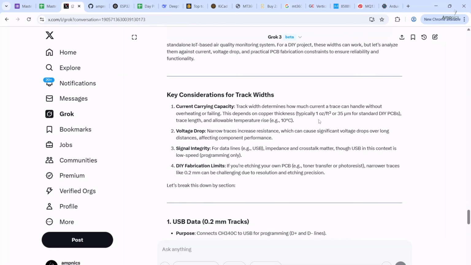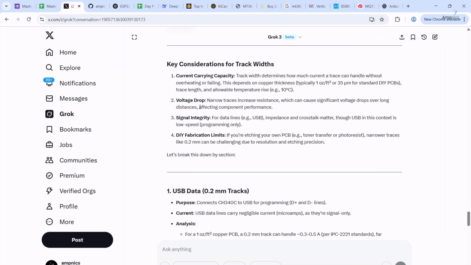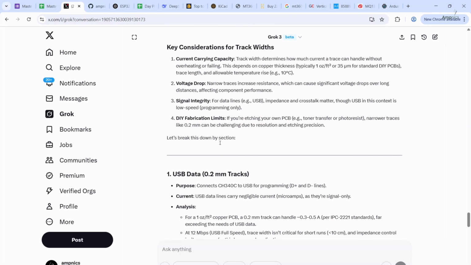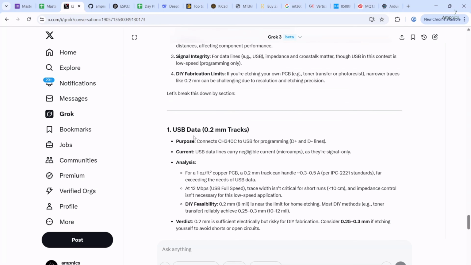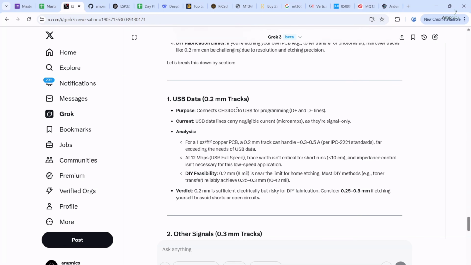This depends on copper thickness, typically 1 oz, 35 micrometers for a standard DIY project, trace length, allowable temperature in degrees Celsius, voltage drop, signal integrity, and fabrication. Anyways, we will go into detail about the sizes.